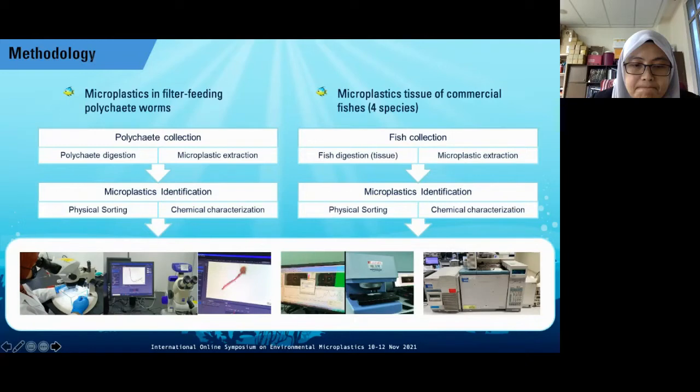We have polychaetes, and we also have fish from 4 species. For polychaetes, we have 40 samples that we pooled into 10 each for the digestions, and for the fish collections, for the 4 species, we also have 10 each. Then all of these were extracted and digested, based on physical sorting and then chemical characterization techniques.